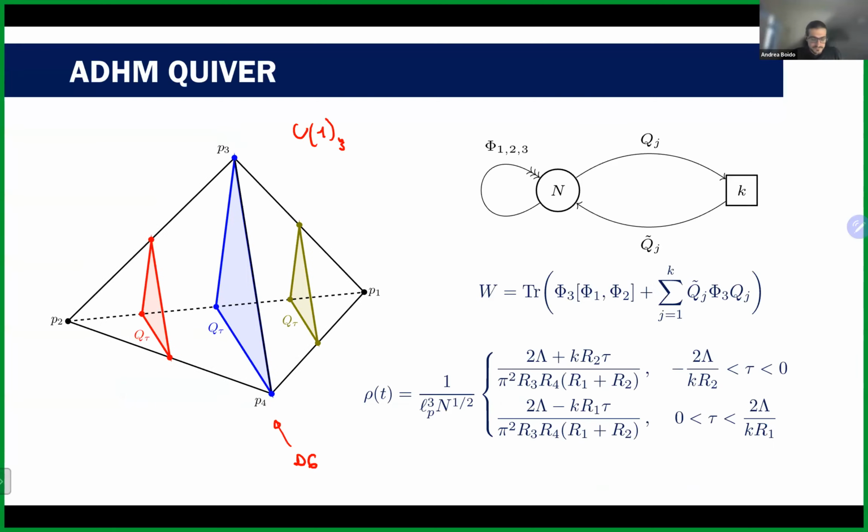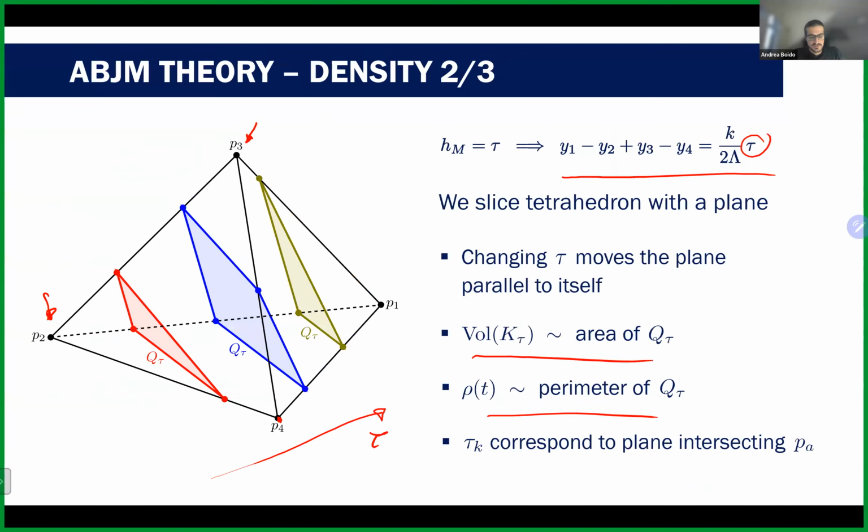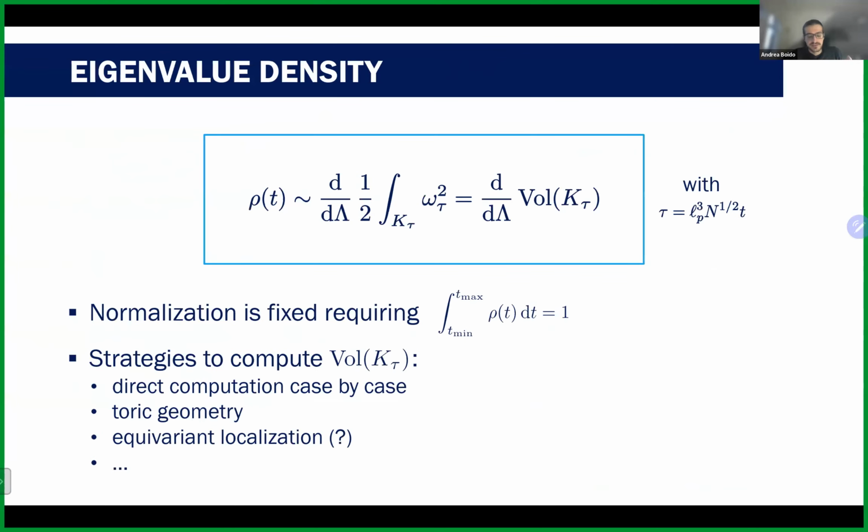The formula we had here, wait a second. Okay, this formula here, in principle, does not require toricity. I'm just saying that we didn't try to use it in any example which is not toric. But we believe that it should work.